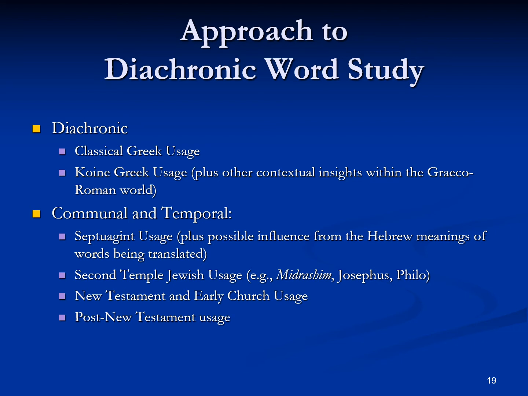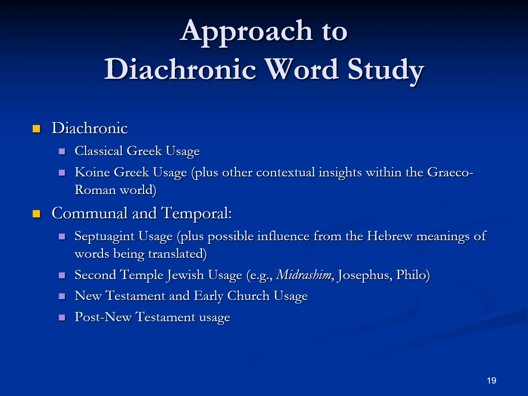So we need to pay attention to the possible changes in meaning, and then also pay attention to the communal and temporal. A Septuagint usage of the word may well be the meaning of the word for a New Testament author, because it's their Bible that they're reading, and they are getting their theological understanding of these words through the way in which for a couple hundred years the word has been translated.